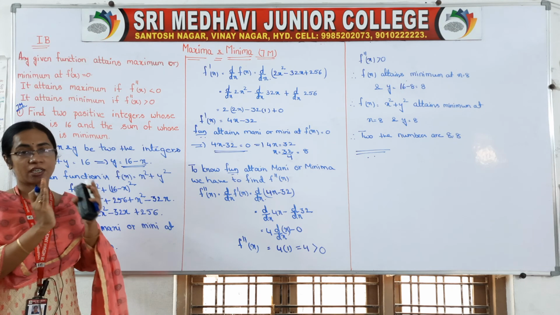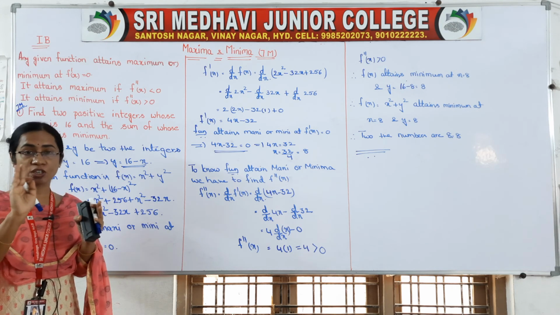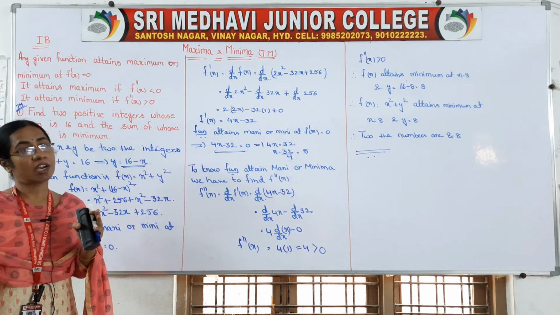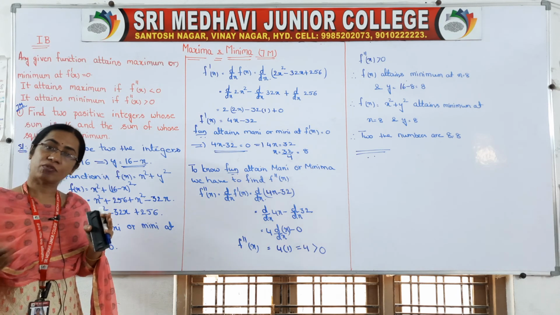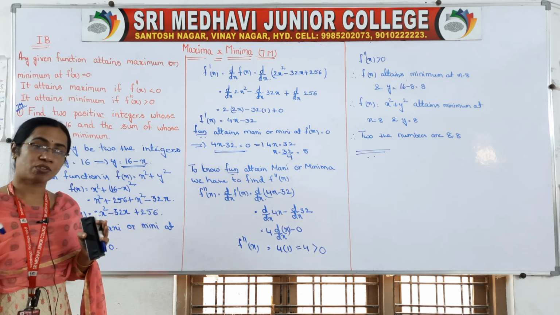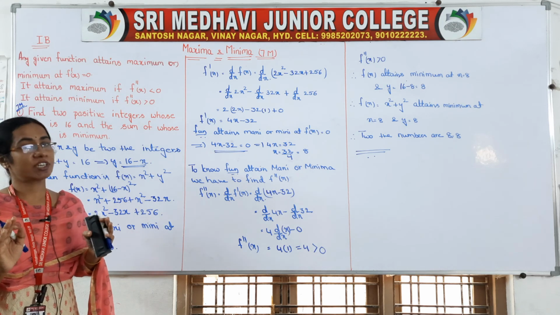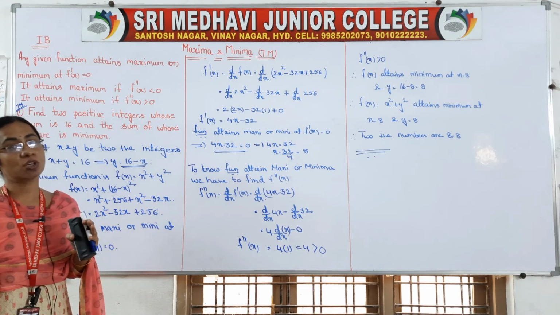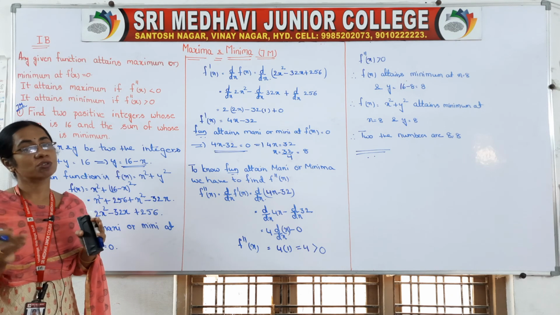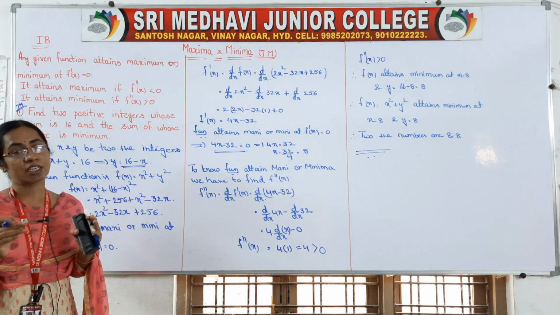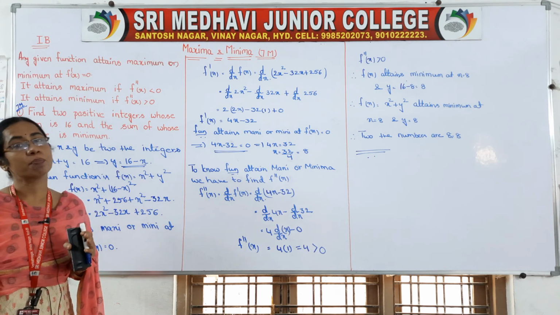First we have to take f of x and it should be in terms of x only. Suppose any y term is there, write y also in terms of x and you get one equation in terms of x. Then differentiate it, equate to 0, and you will get x values. At those x values, the function attains either maximum or minimum.